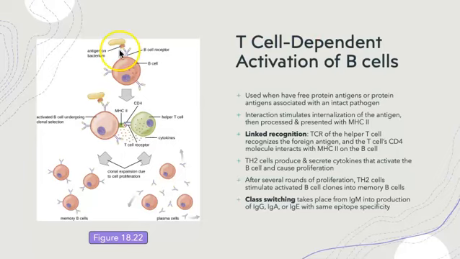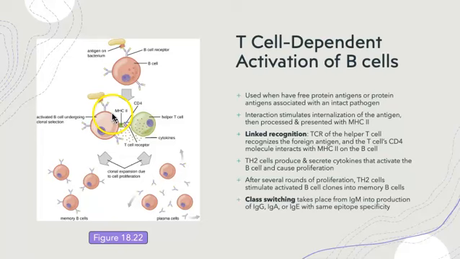And the way this flows is we have to have that antigen on the bacterium or any other pathogen, and we have to internalize the antigen and put it out on our MHC class II molecule and achieve linked recognition, where our T cell receptor of our helper T cell recognizes this foreign antigen, and then the CD4 molecule is going to attach to the outside of that MHC class II molecule on the B cell.